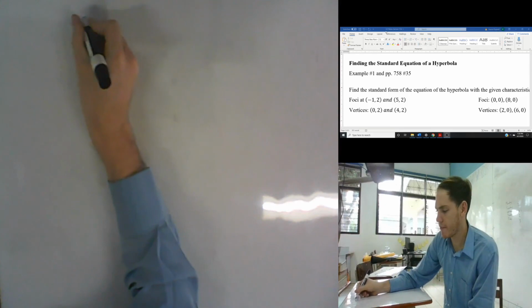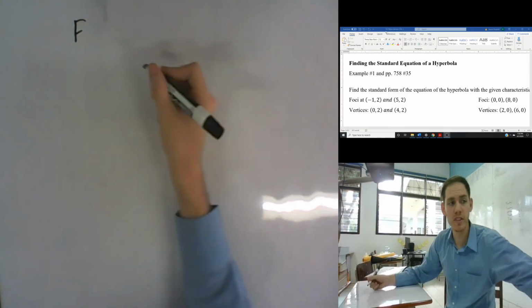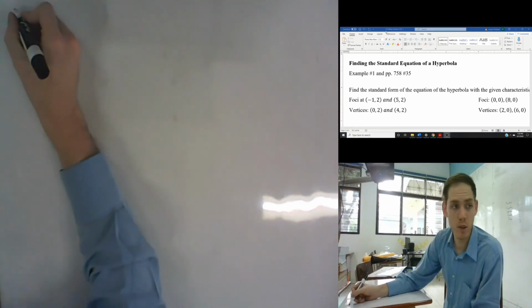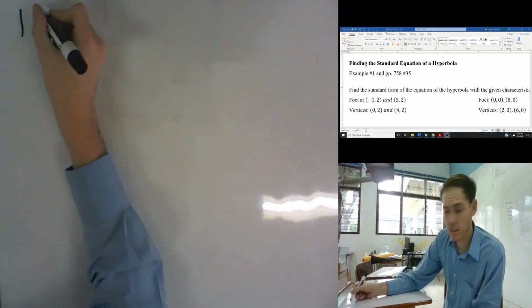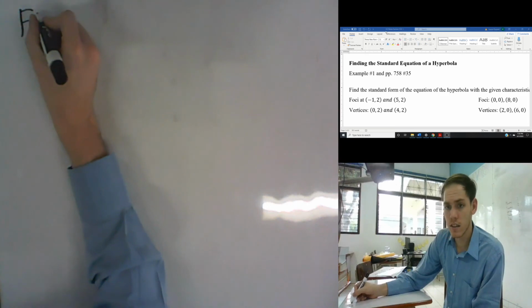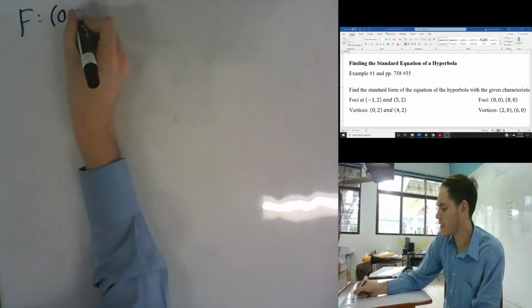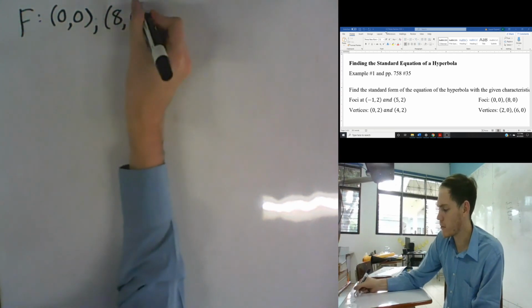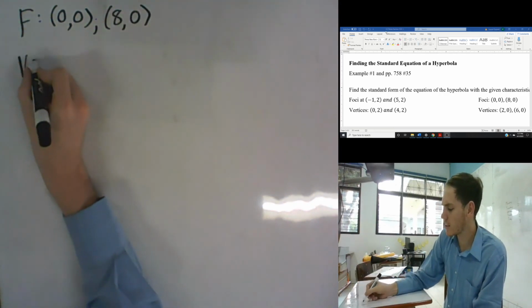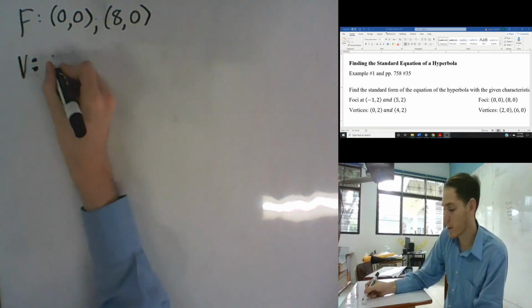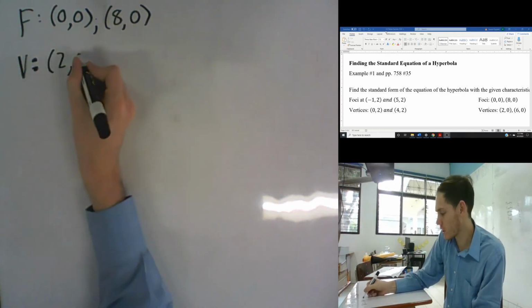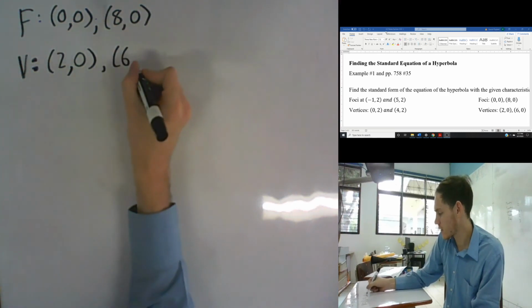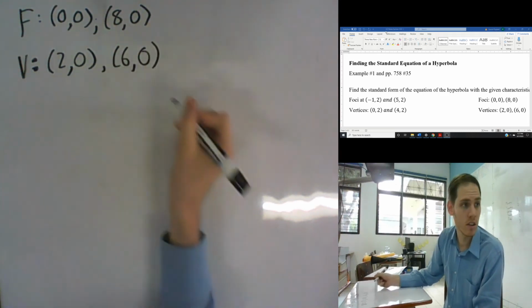gives us the foci. And let's move this over so it's actually going to give us the most possible space. So foci is going to equal 0, 0 and 8, 0. And our vertices are going to be 2, 0 and 6, 0.